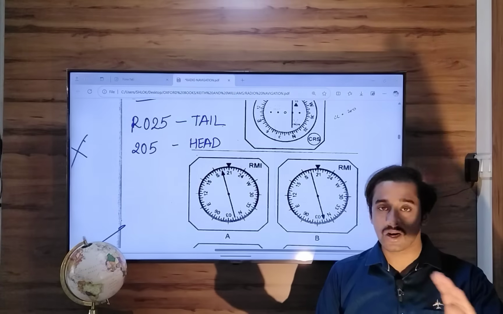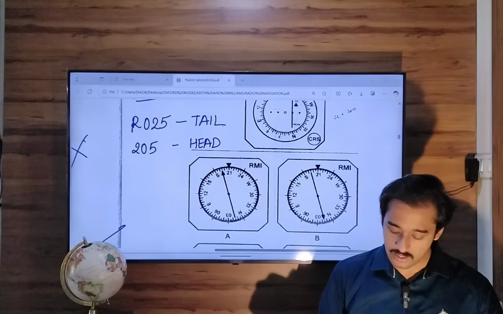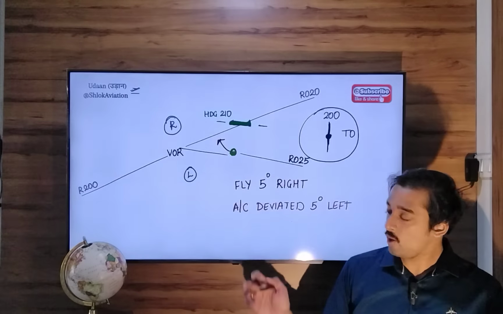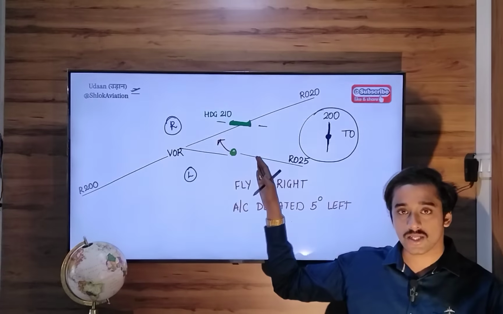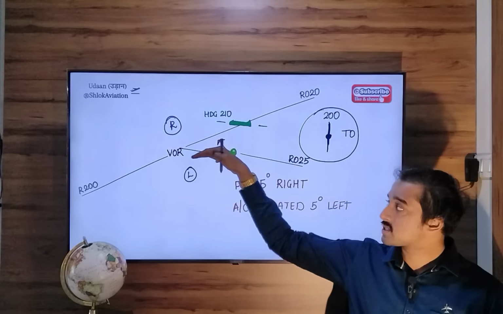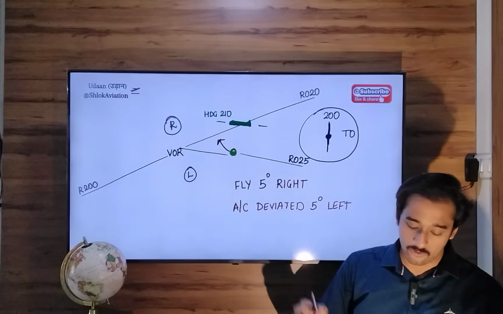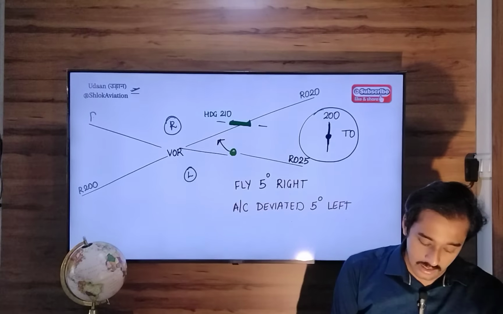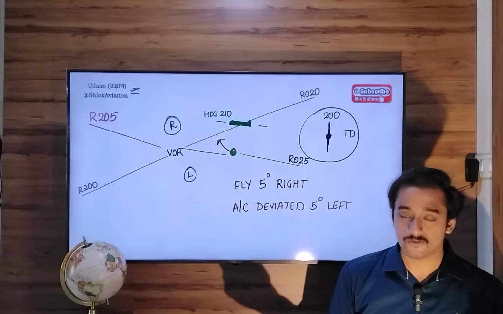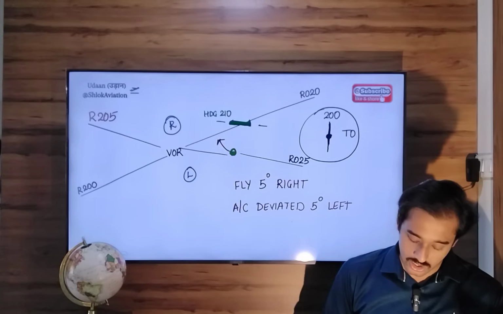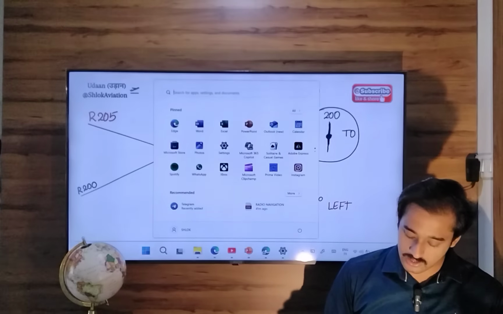Okay, the track towards the station from the current position. So we are currently on radial 025 from the station, and the track towards the station will be reciprocal of 025, which will be 205. So the RMI indication should show these two positions.